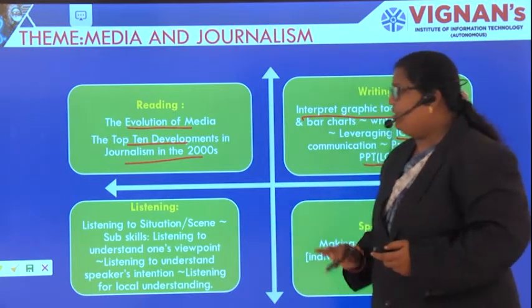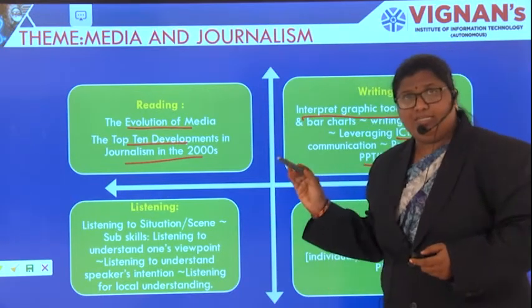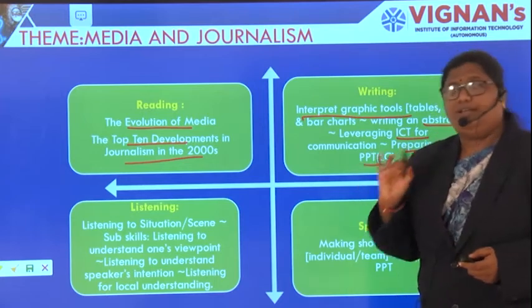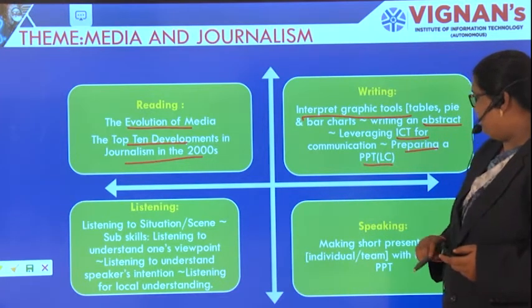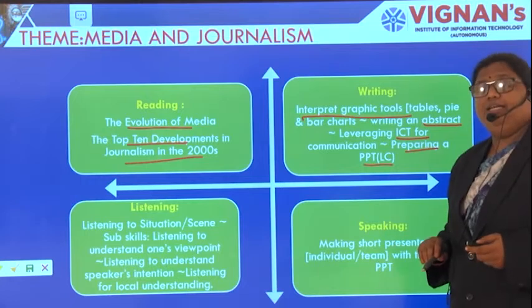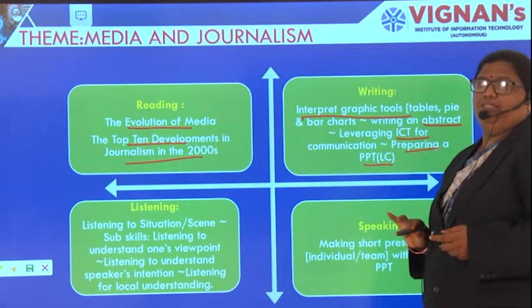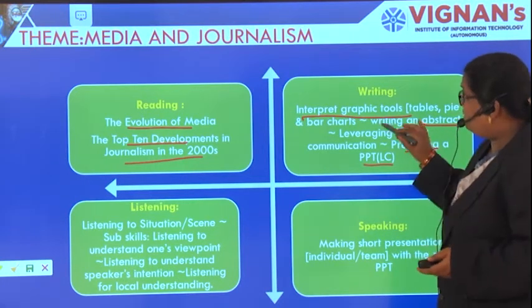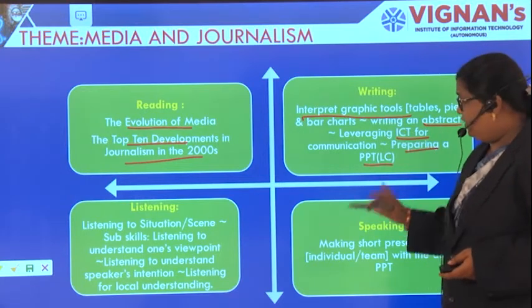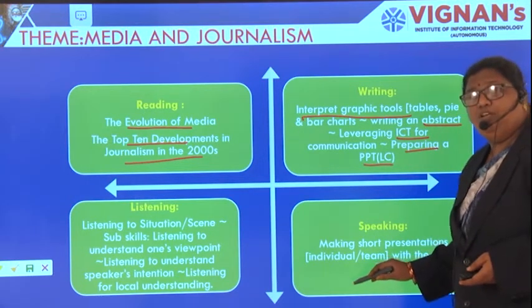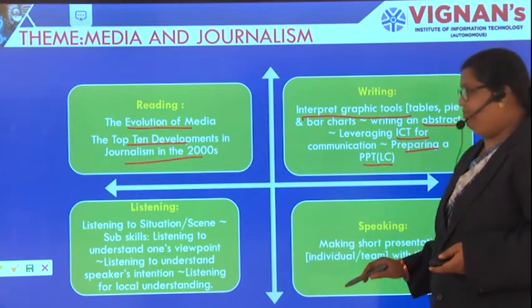And coming to listening, you listen to a situation or a scene, and you need to jot down or take notes. And then coming to the speaking task, it should be an individual or team presentation, especially here, because in writing you learned how to make a PPT and all that. So definitely this would be a team or individual PowerPoint presentation.